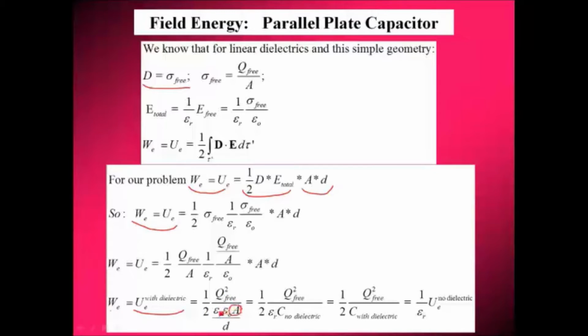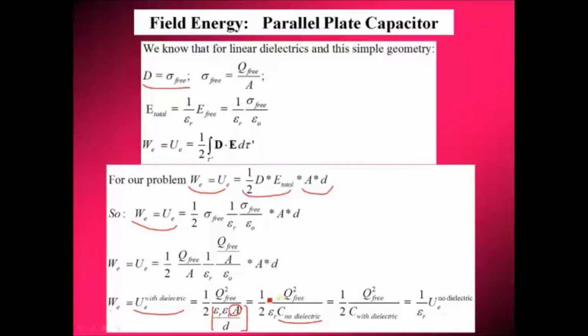And I put everything in this form, so I brought d down below here, because this right here is the capacitance with dielectric. Or if I take epsilon r out, so I have epsilon 0 A over d, that's the capacitance with no dielectric.